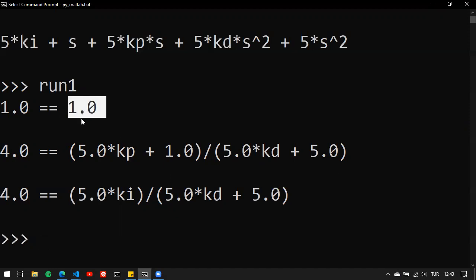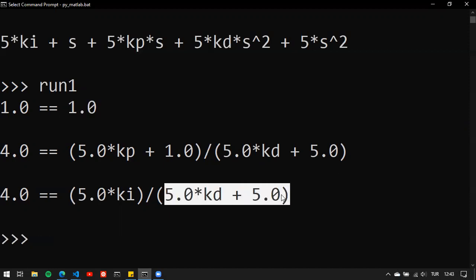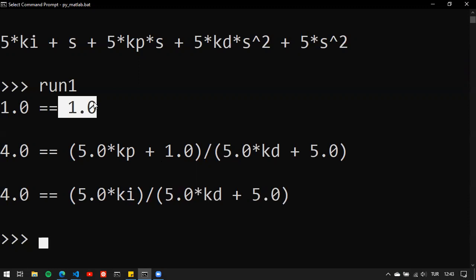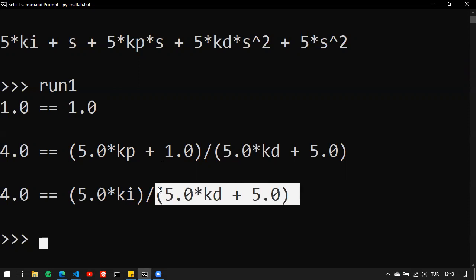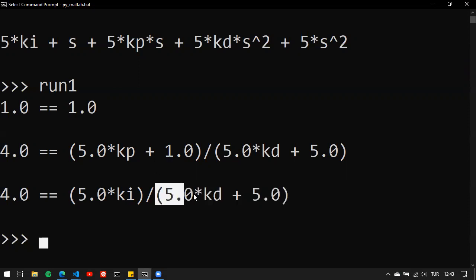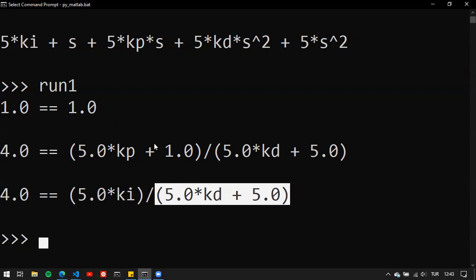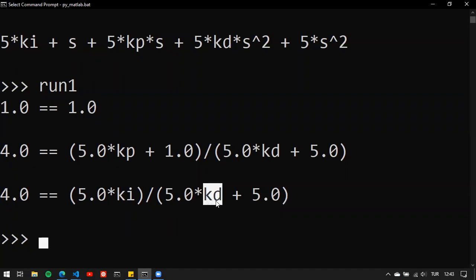This would mean that we already have kd defined here, because this sum should be equal to 1. Normally, you don't really see this, because most of the time we have s cubed, s squared on its own, with no unknown in it. But it seems like using a PID control for a first order system causes this. I can directly see that 5kd plus 5 should be equal to 1, so kd is probably a negative value. Minus 0.8 seems to be working here.